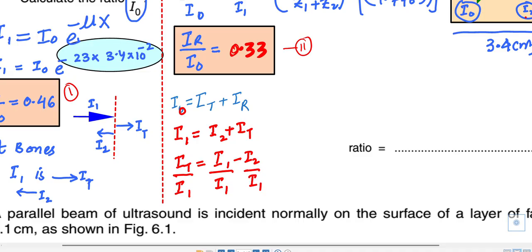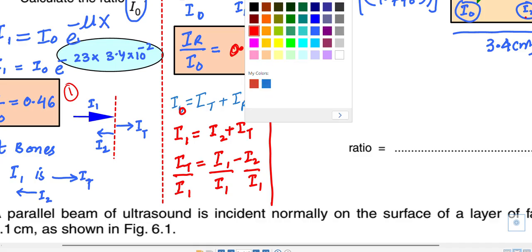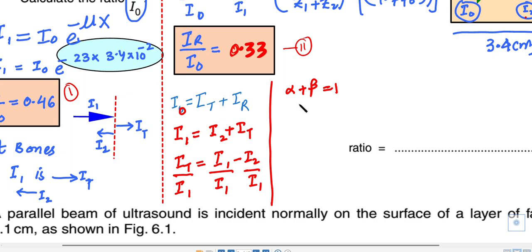Actually, there was a trick for all this. I told you about that trick, if you remember, that alpha plus beta equals 1. Alpha is 0.33, beta is to be calculated, and 1 is the total. So beta is equal to 1 minus 0.33.